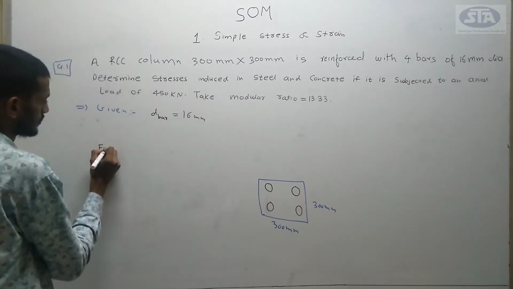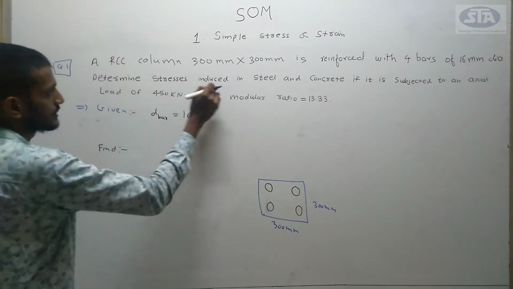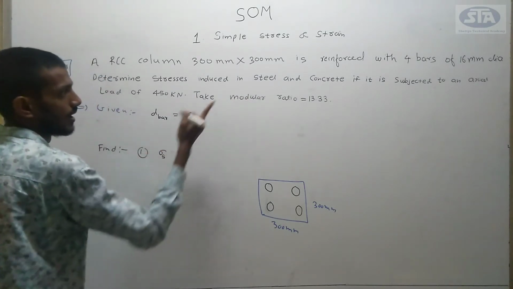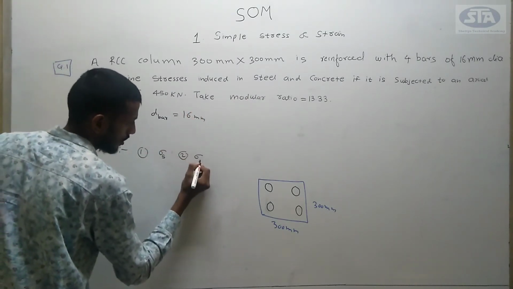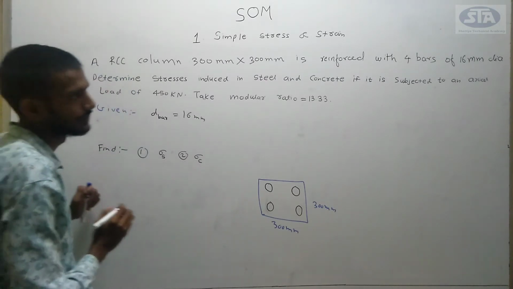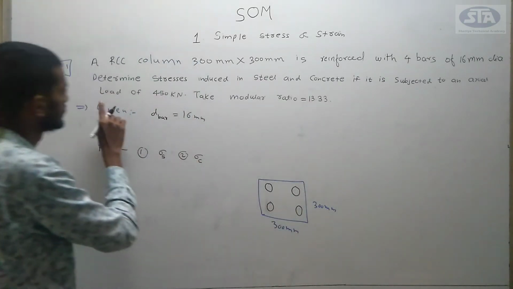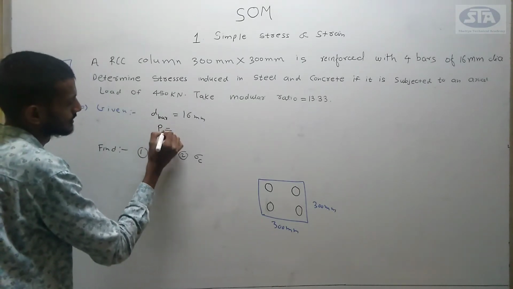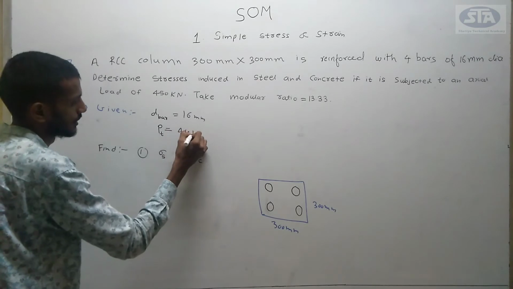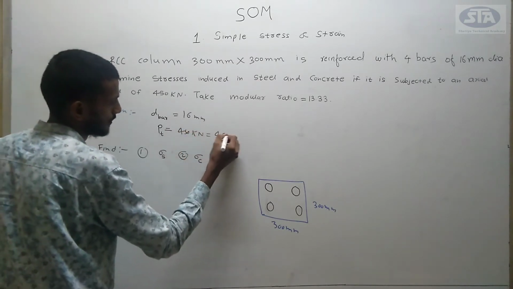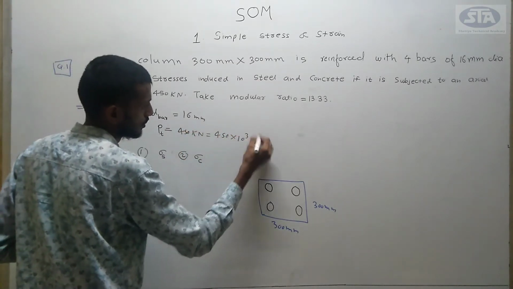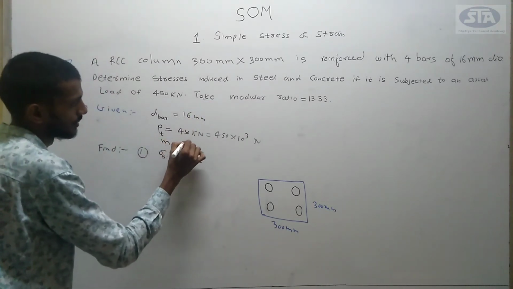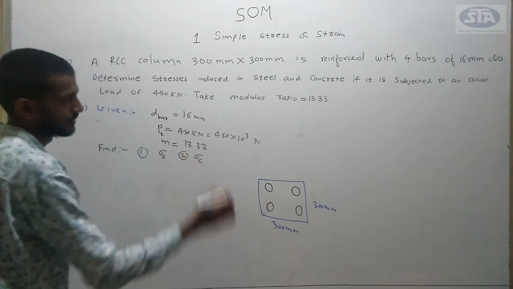Determine stresses induced: you have to find the stresses induced in steel, that is first sigma of steel, and second sigma of concrete. It is subjected to an axial load of 450 kN, that is the force, which is equal to 450 kN. It is given as 450 into 10 raised to 3, converted into Newton. You are also given the modular ratio, denoted by small m, 13.33.